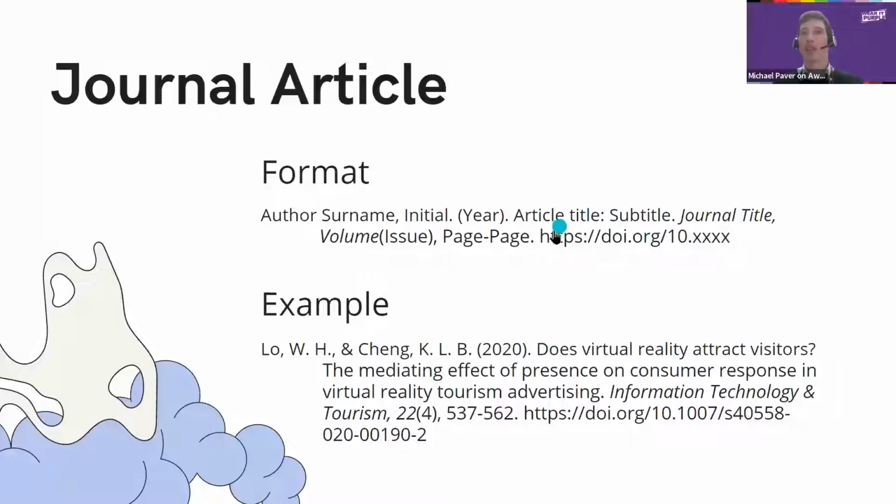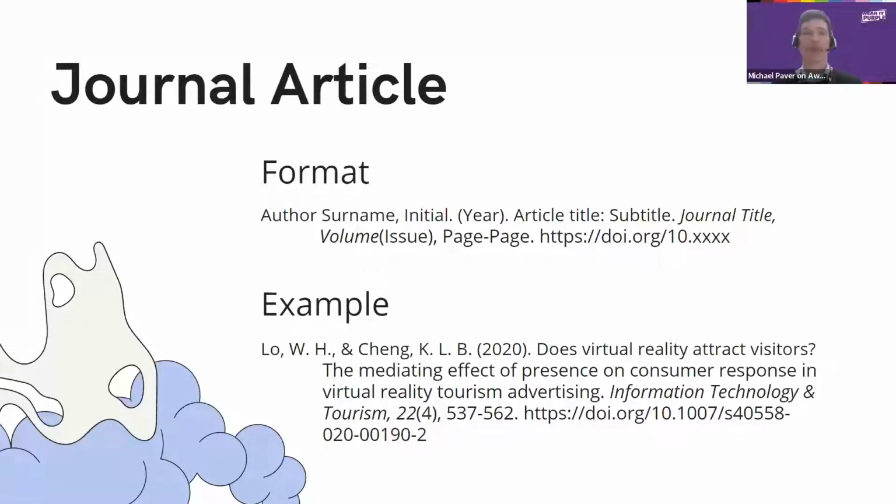You'll also see we have this section, which is a DOI. A DOI is a digital object identifier. It is basically just a numerical tag that gets given to mostly online journal articles, but it could be books as well. And it's just a stable, it's a permanent link.